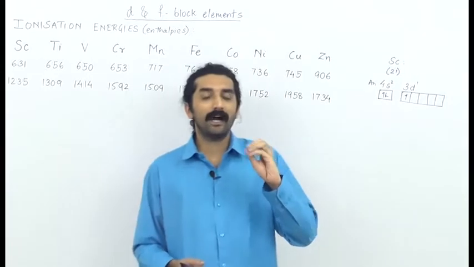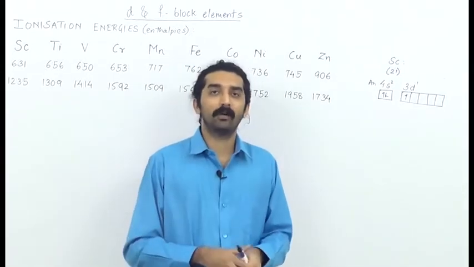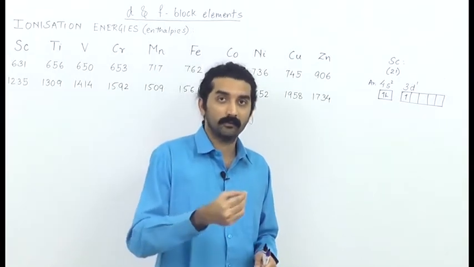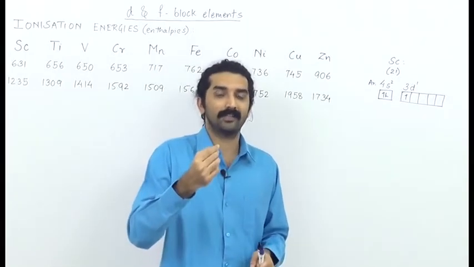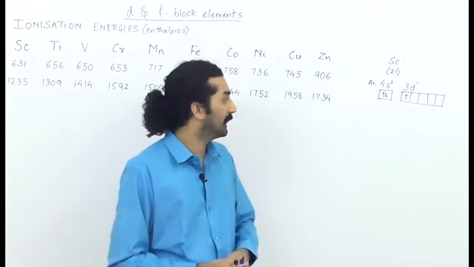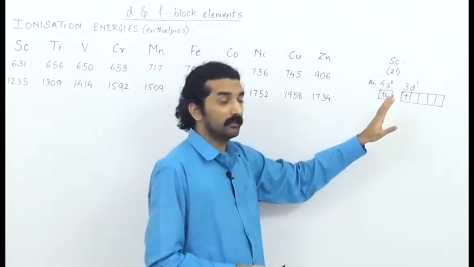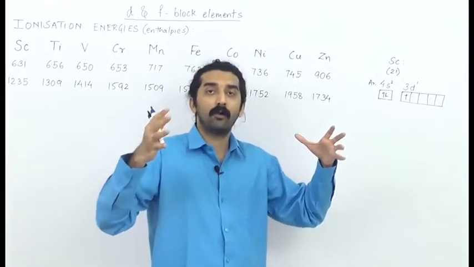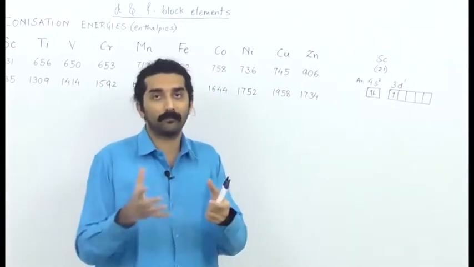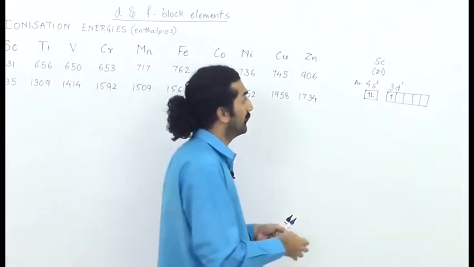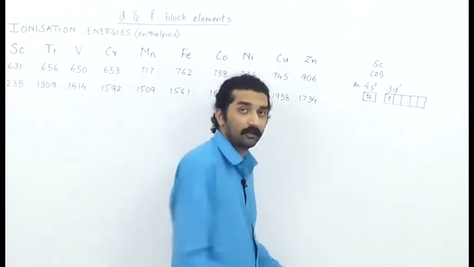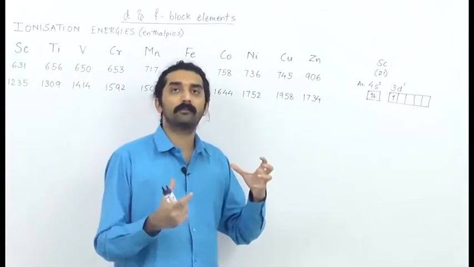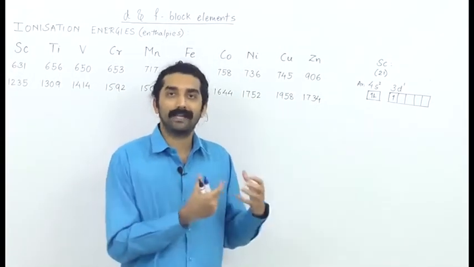Now when we say ionization energy, it's about what amount of energy is required to remove the outermost electron from this atom, right? So when it comes to energies, the 4s orbital is the outermost orbital for the scandium element, and either of these electrons is going to be pulled out from the attraction hold of the scandium nucleus.